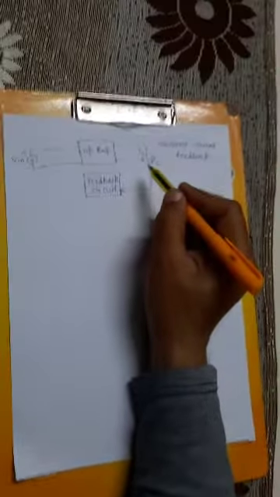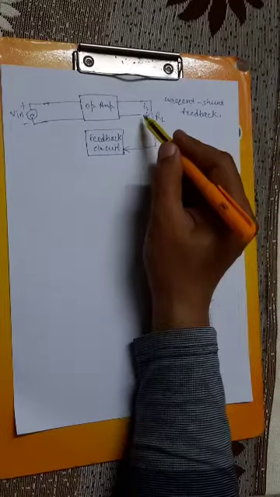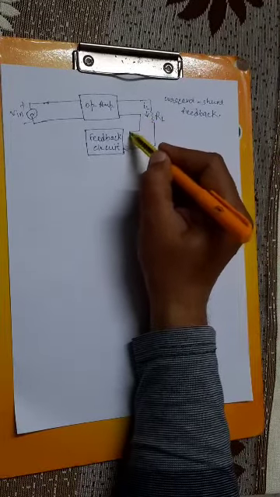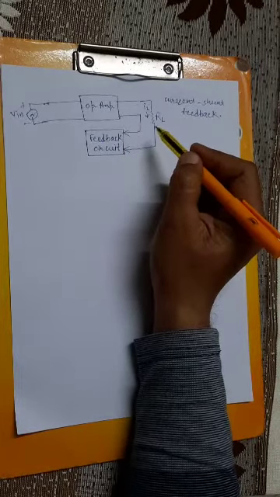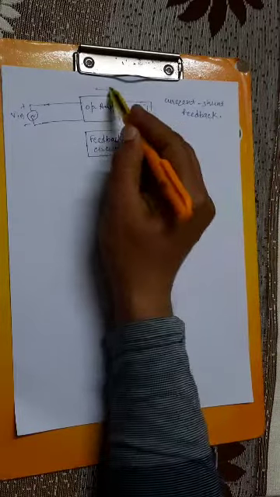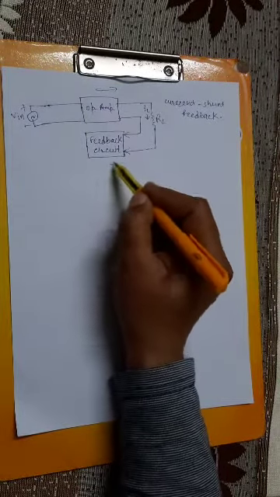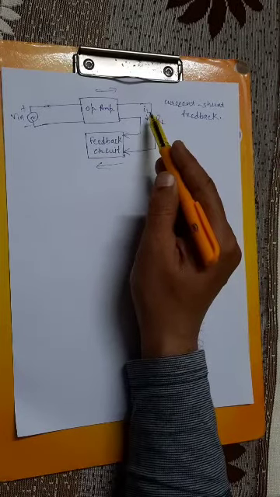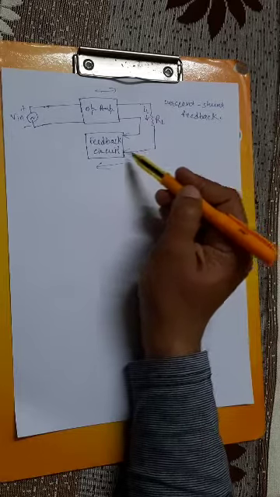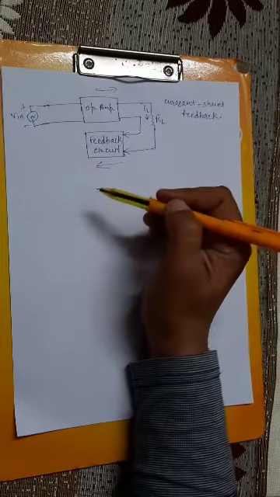Firstly the signal will go in this direction, then the signal will go in this direction, but a partial part of this load current will be connected back to the input side of this op-amp.